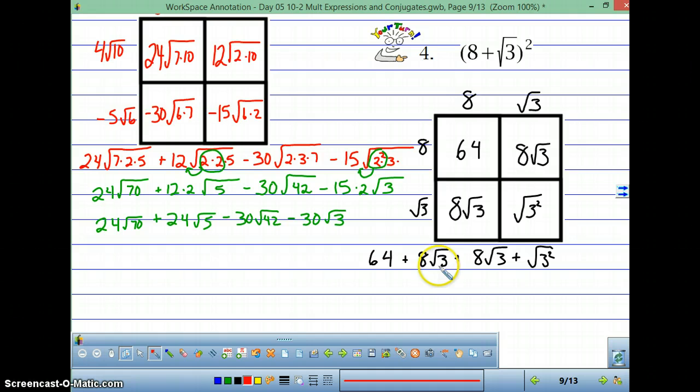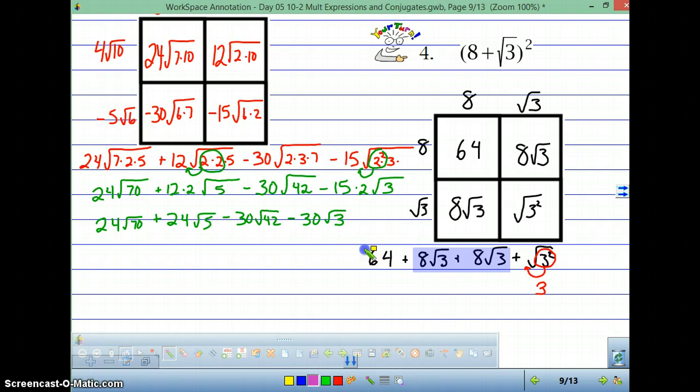Okay, and no perfect squares here. No perfect squares here. How about this one? This one, you take the square root of it, it becomes a 3. Now look, where can we find our like terms? Which ones are going to be like terms? Well, the 2 root 3's are definitely like terms, right?